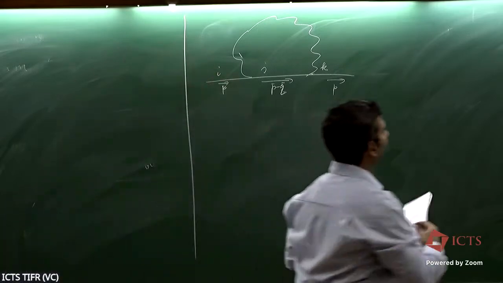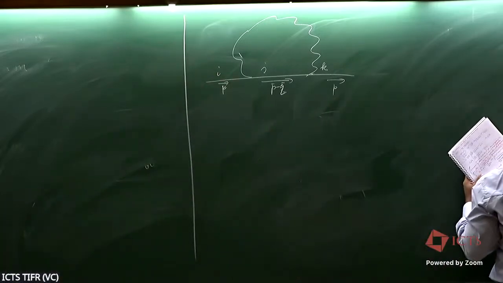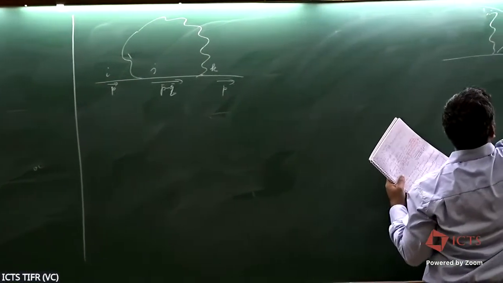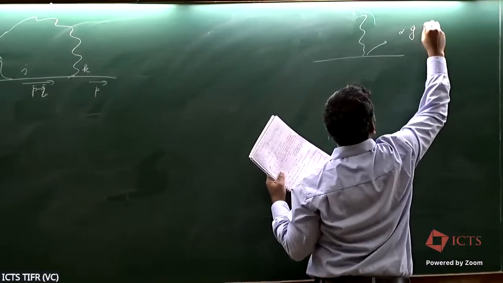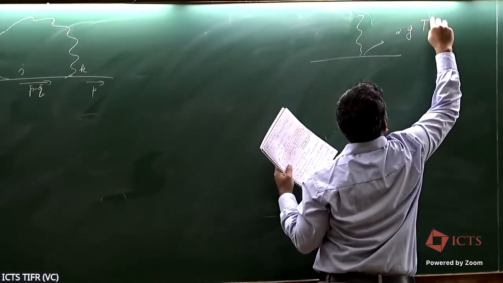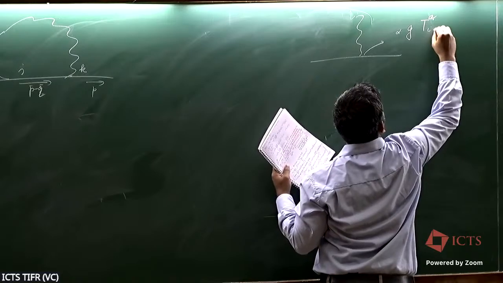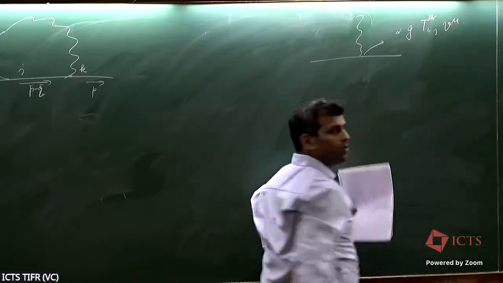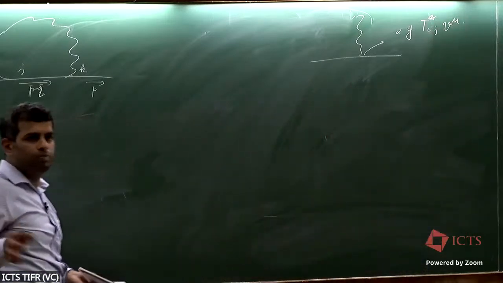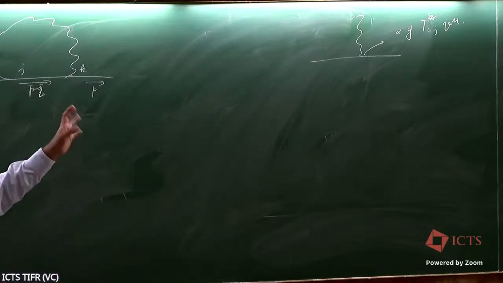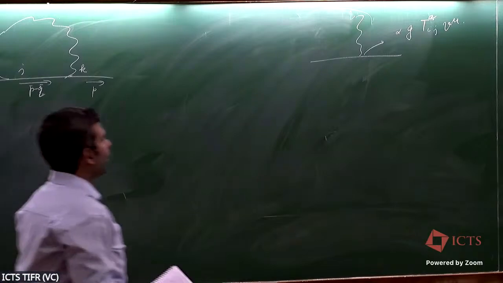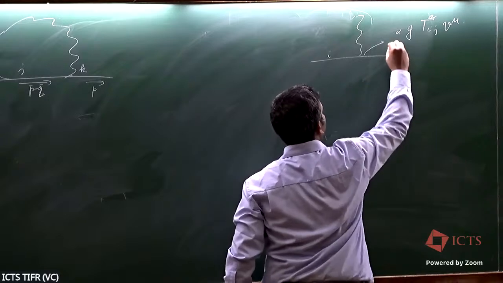Just to recall, the vertex goes like something proportional to G times T^A_{ij} v^mu. I mean, there will be some factors of i or negative sign missing, but that's not my goal right now. But this is somewhat the proportionality. Here, i and j are colors.